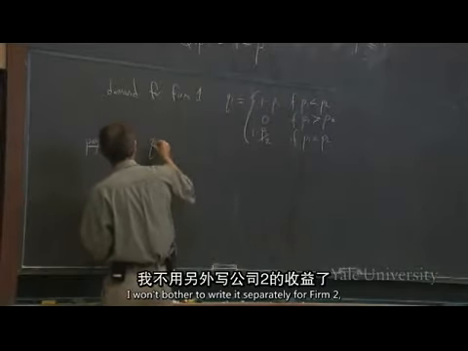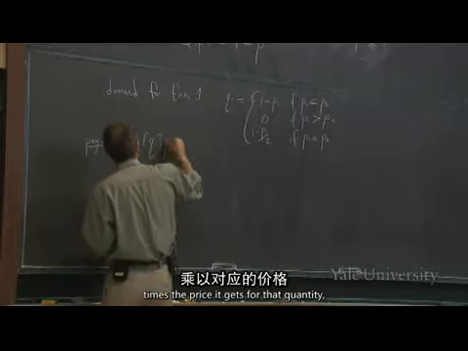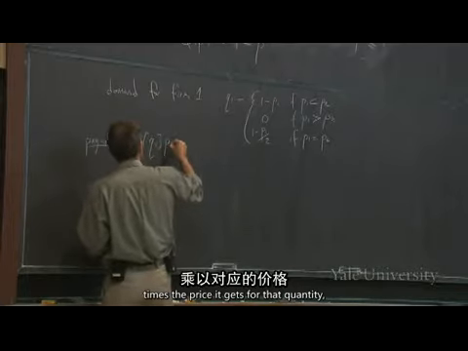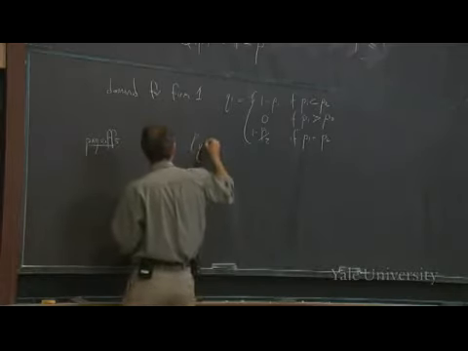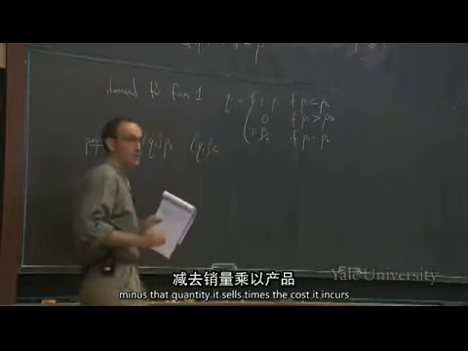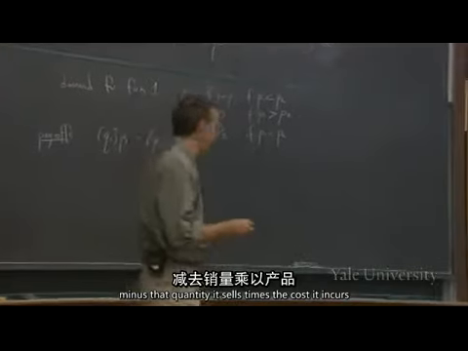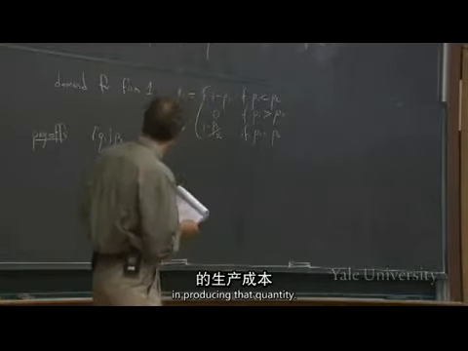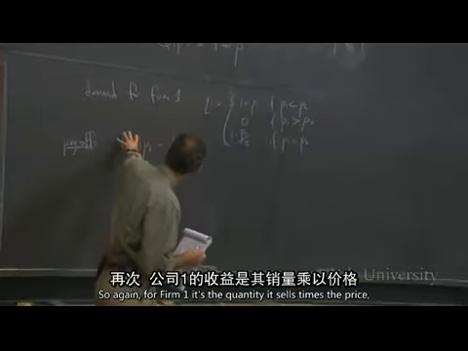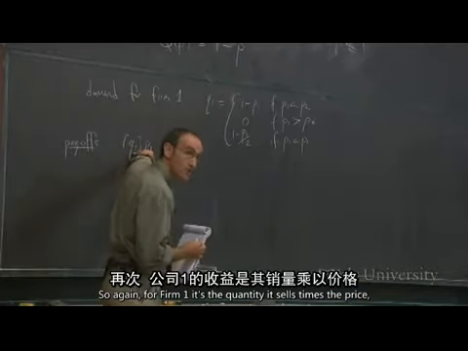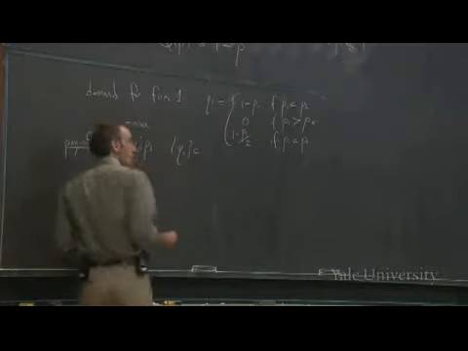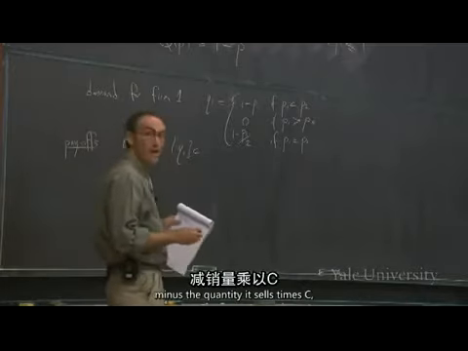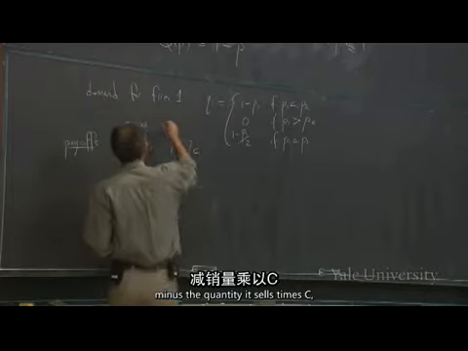It's going to be the quantity it sells times the price it gets for that quantity, minus the quantity it sells times the cost it incurs in producing that quantity. So for firm 1, it's the quantity it sells times the price, this is its revenue, minus the quantity it sells times C, the cost, this is its cost.